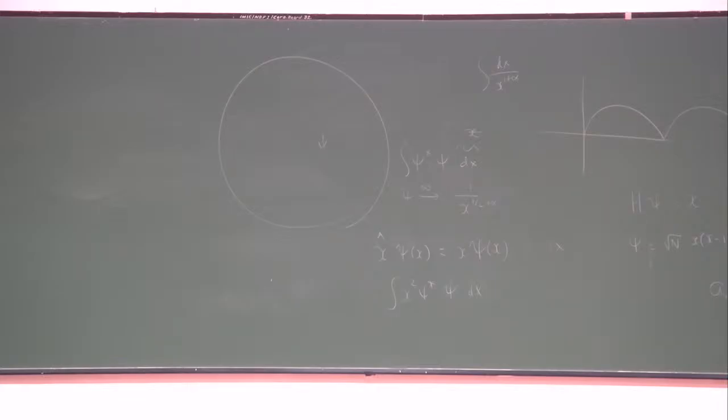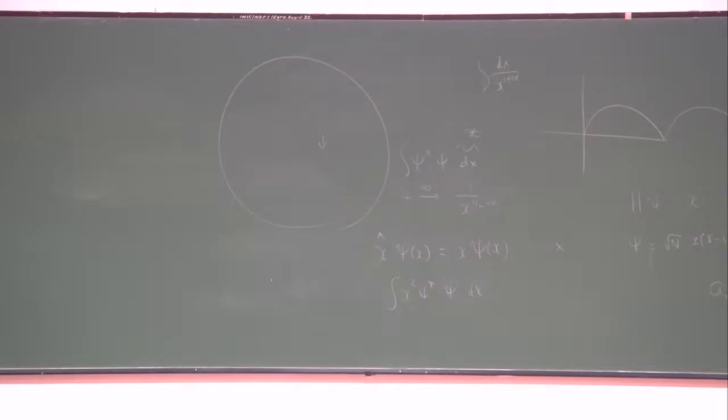Now, this is true not only for x, it is true even for p, for the Hamiltonian, for various operators which you have. These operators cannot act on all states in the Hilbert space, because the resultant vector which you get is no longer square integrable.